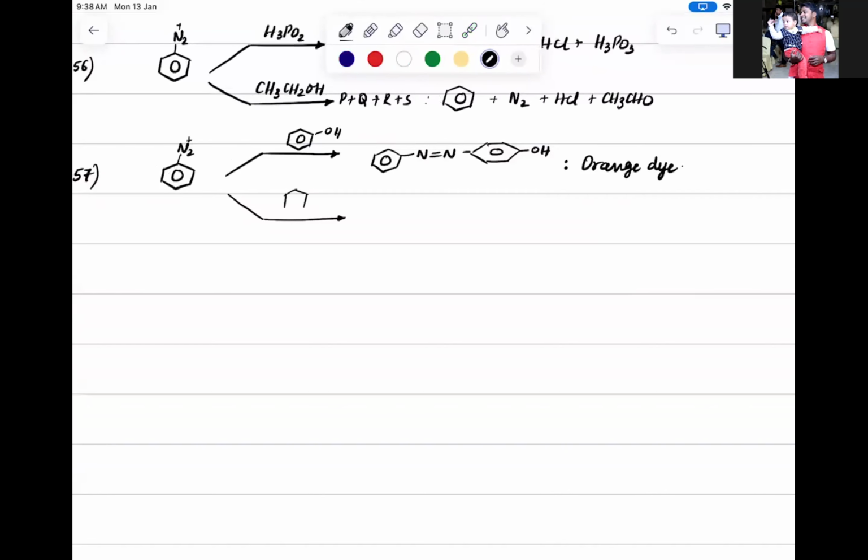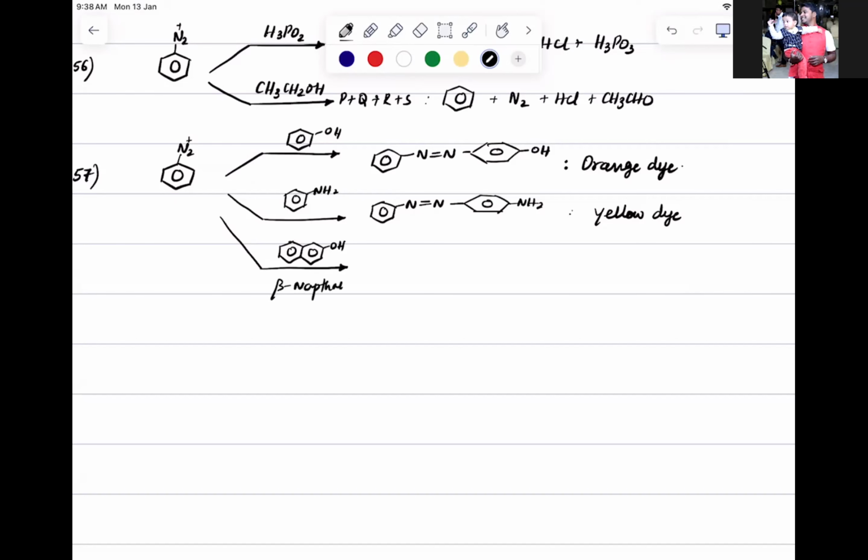Now, in case we treat this with aniline, then the product in such a case would be an azo dye form here with NH2, which is a yellow color dye. Next, if we have beta naphthol, this is beta naphthol.